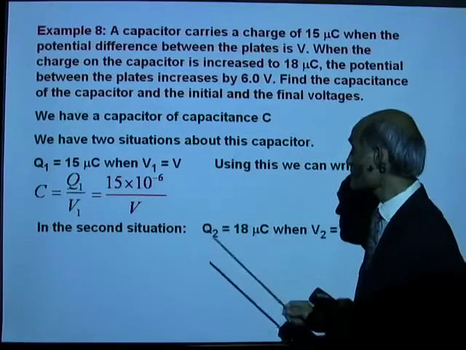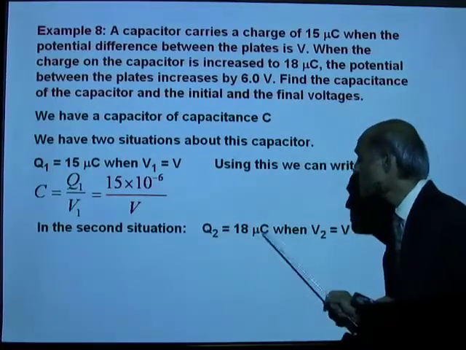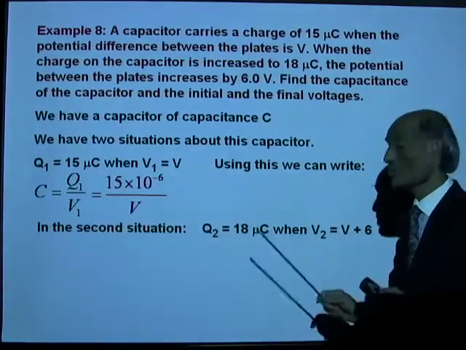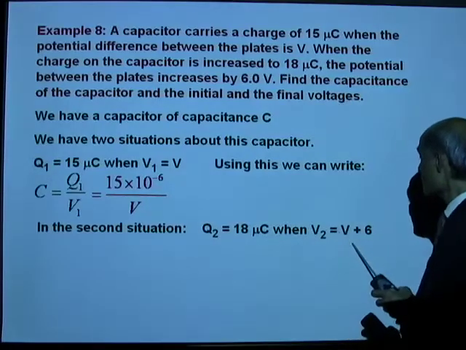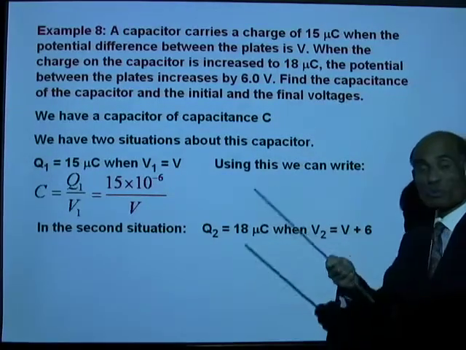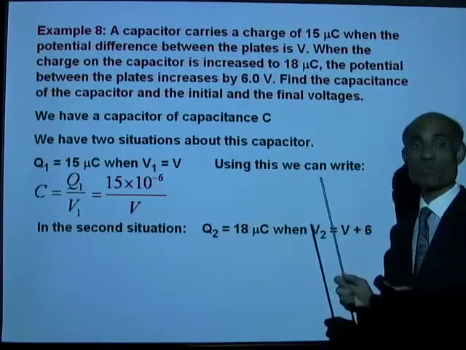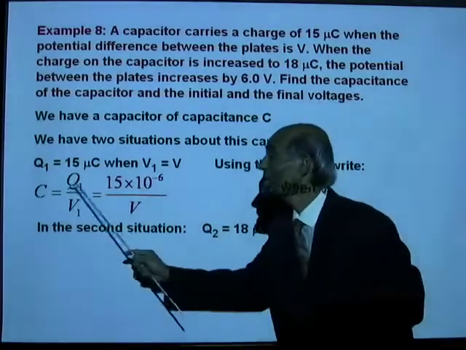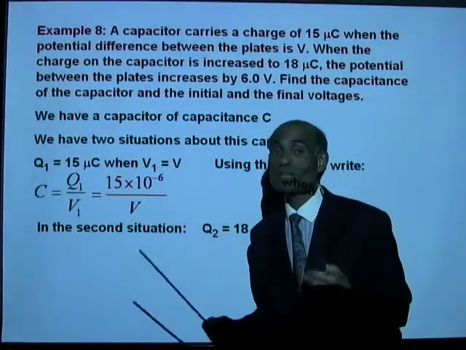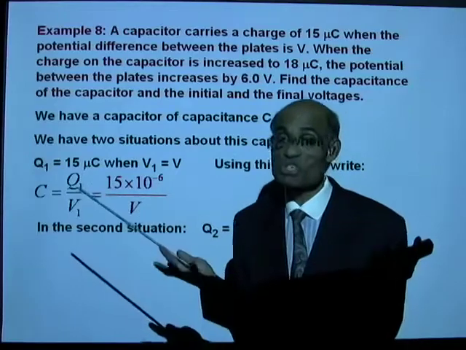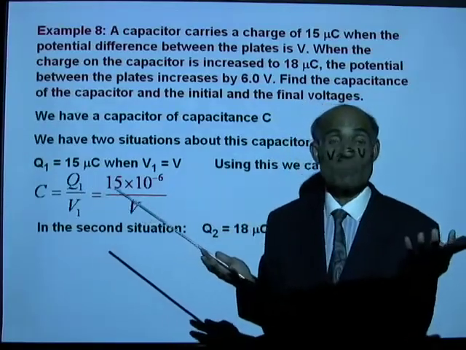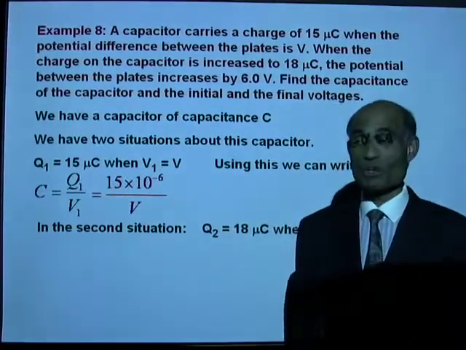So in the second situation, Q2 equal to 18 microcoulomb, when V2 equal to V plus 6, the potential is increased by 6 volt. And we can write a similar situation. Will the capacitance of the capacitor change? No, the capacitance of the capacitor will not change.